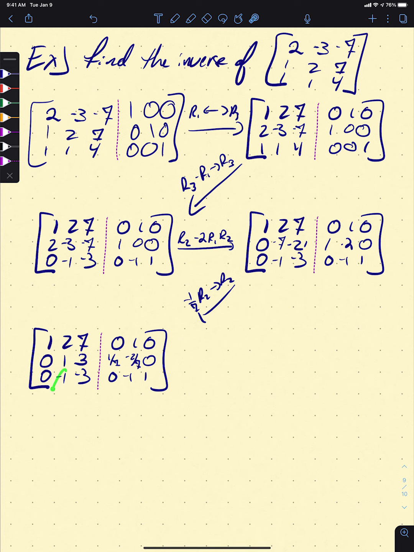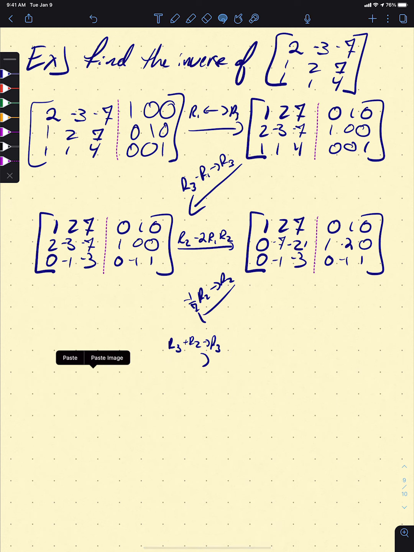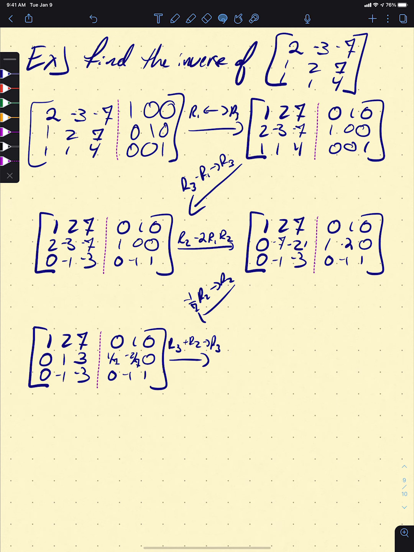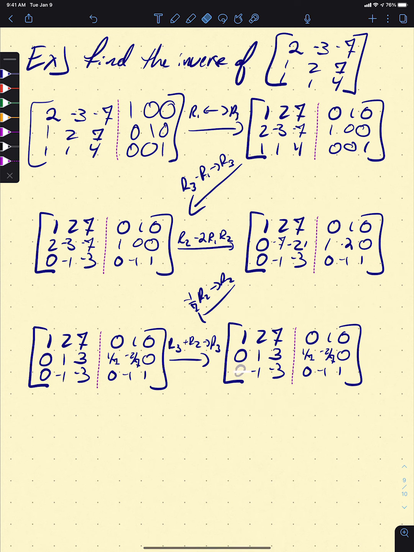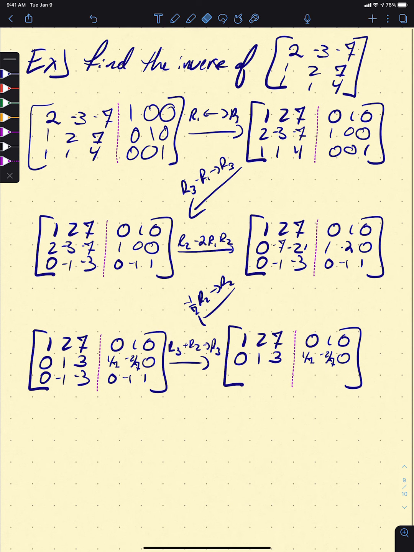What happens when we try to clear this negative 1? Well, we're going to do that by taking row 3, adding row 2, and redefining row 3. And what does that give us? When we paste that in, we're changing row 3. Well, we get a 0 and a 0, still gives us 0. Looks like we get negative 1 plus 1 for 0.